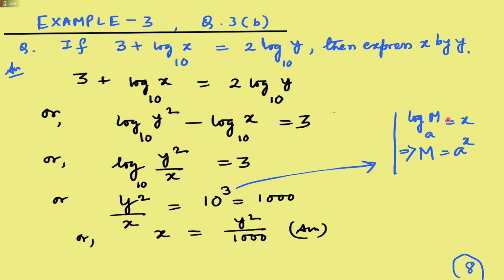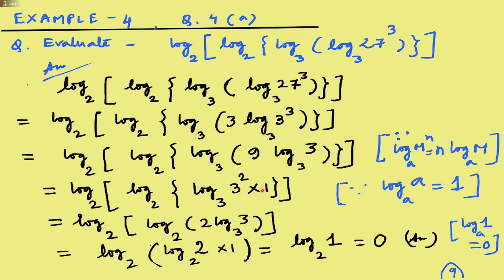Now by using this relation, log m base a equal to x, we can get m is equal to a to the power x. So I am getting y square by x as 10 cube, and this 10 cube is nothing but 1000, and x is nothing but y square by 1000. So I have the value of x in terms of y.